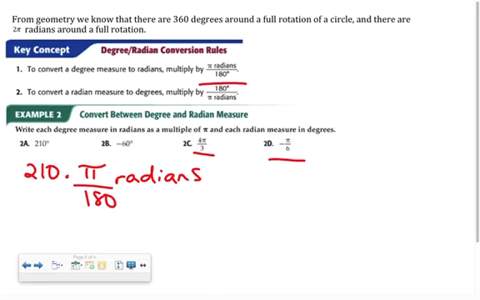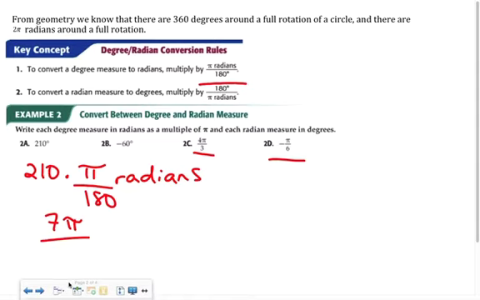You have a function in your calculator that will change a mixed fraction to an improper fraction, and when you do, you get 7 pi over 6. You'll notice in those underlined problems C and D that you don't see the word radians. It's because it's kind of redundant. Because the ratio of a radian is 1 to 1 between the radian and the radius, the measure of the angle is 7 pi over 6, and that's it.